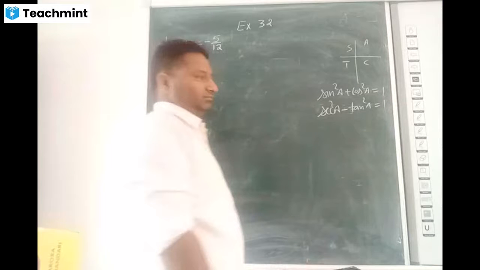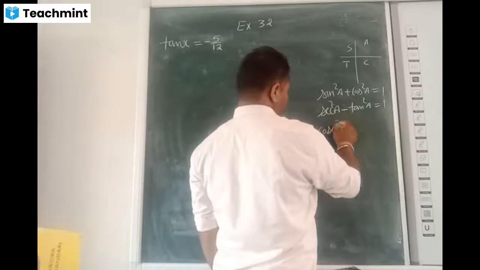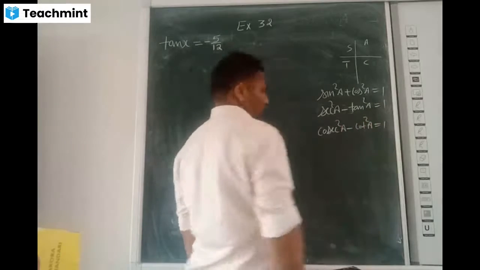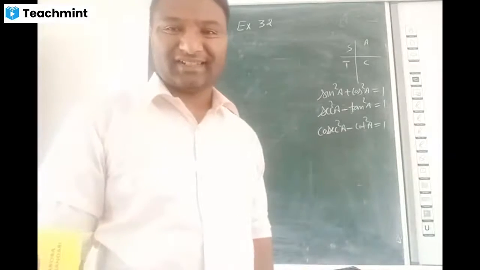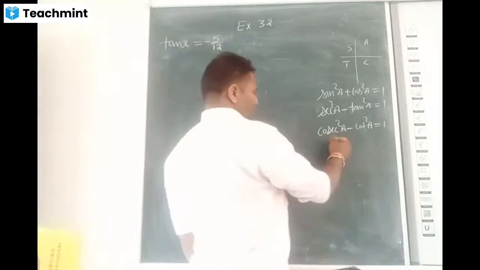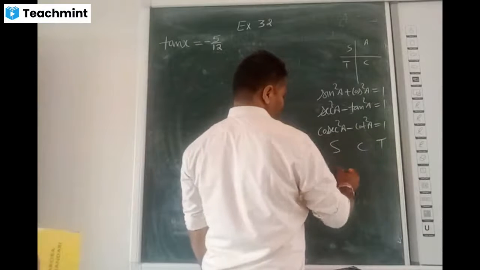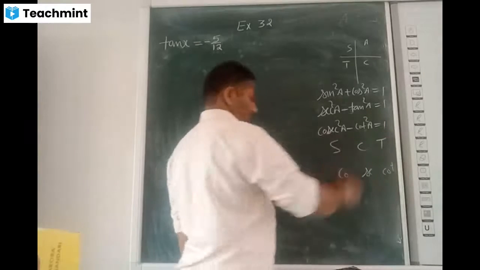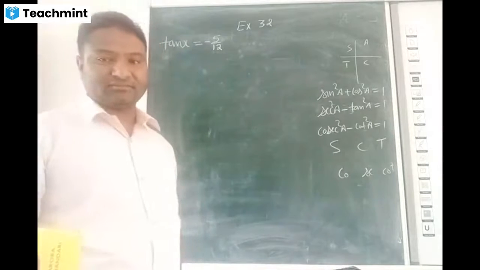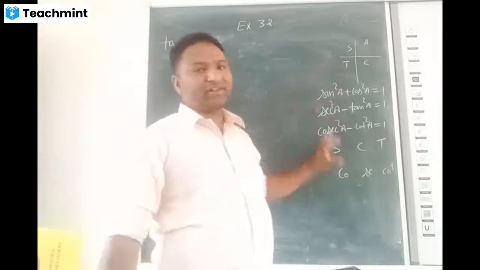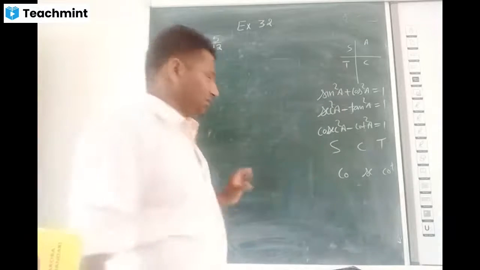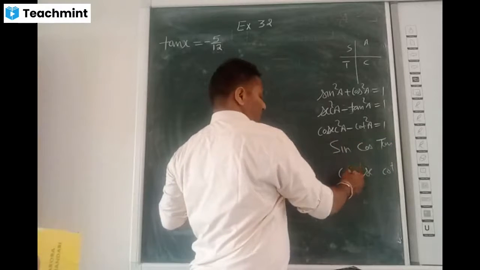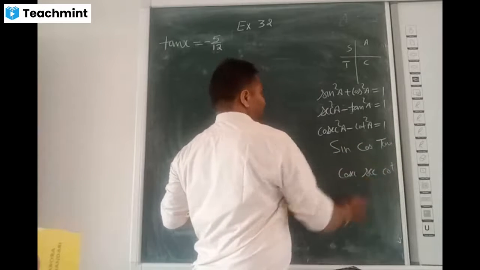And the third one is cosecant square a minus cot square a is equal to 1. Right? Only these things we need for solving this question. As we know, S means sin, cos, tangent, cosecant, secant, and cotangent.